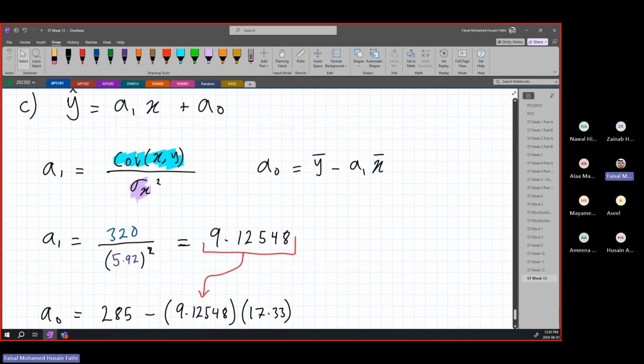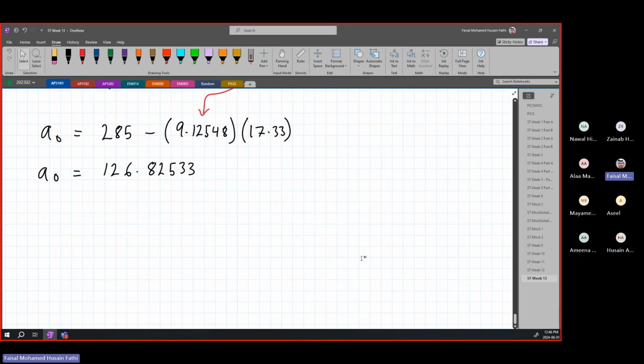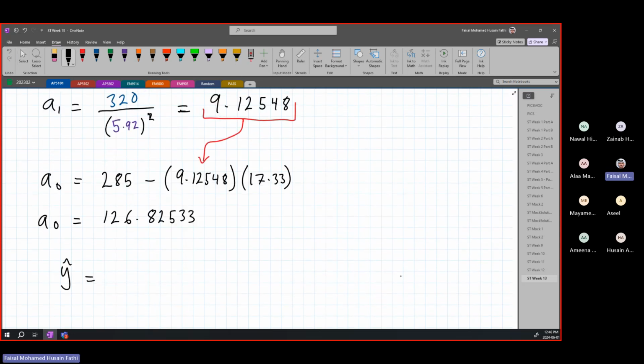And now we can just put it back into this equation to find the line. So y hat is equal to a1, which is 9.12548, times x, plus your a0, which is 126.82533. Again, this part is simply just your a0.